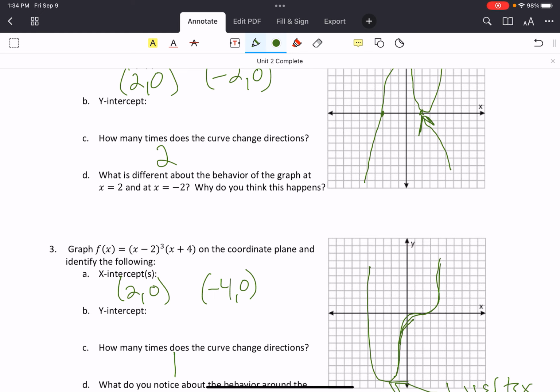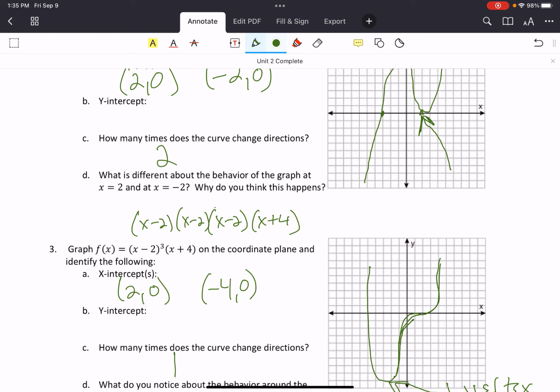Okay, so why is that an x to the 4th? Because you're multiplying the x's, and there's 3 x's represented here, because this is like x minus 2 times x minus 2 times x minus 2 and x plus 4, right? So if I were to multiply it out, that would be x to the 4th, right?